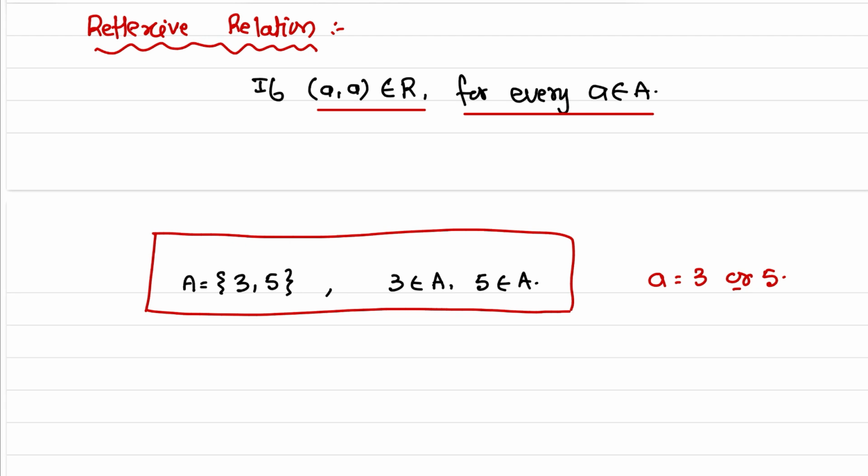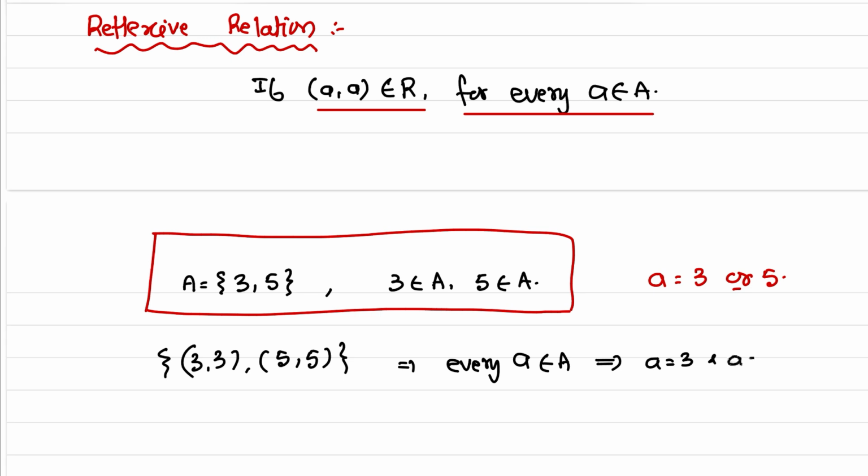Here, let me take a subset {(3, 3), (5, 5)}. That means every a belongs to A implies a is equal to 3 and a is equal to 5.